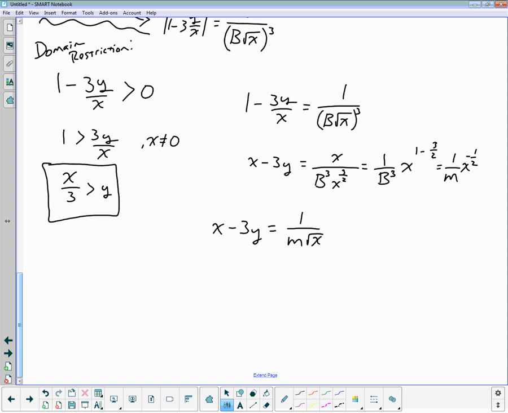Remember, it's a constant. As long as you realize that it's a constant, then you're fine. Okay, because a constant cubed is still a constant.